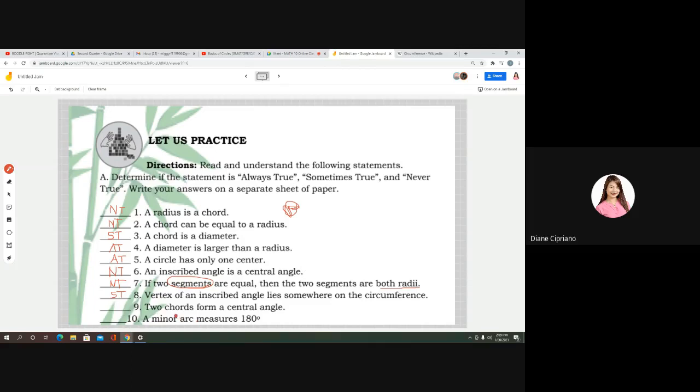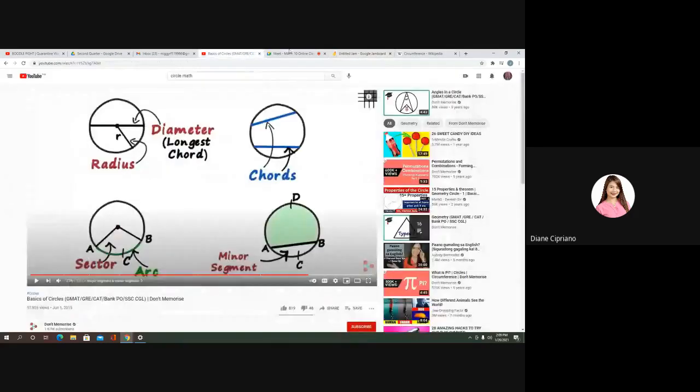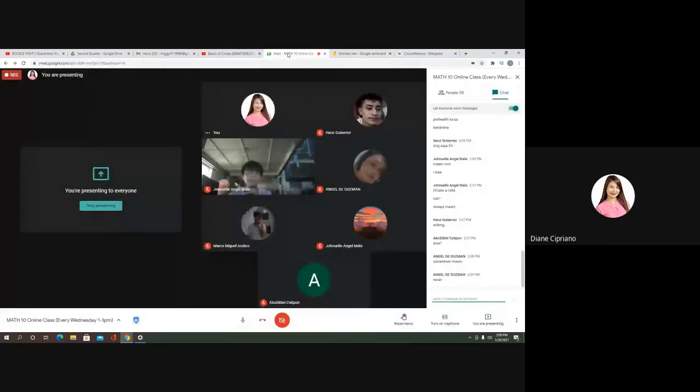Number 9. Two chords form a central angle. Possible? Always true, sometimes true, never true? John Welmala, give me your answer.